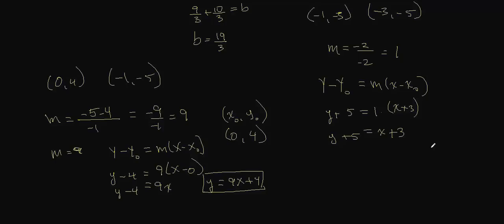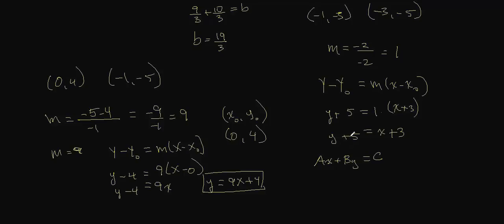But now in this case we want to write it in standard form, and standard form looks more something like ax plus by equals some number, and that means that we need the x and the y on the same side of the equal sign and the numbers on the right side.